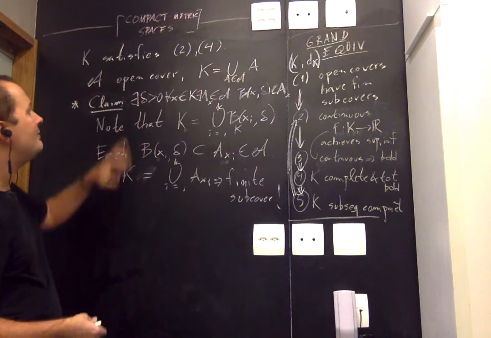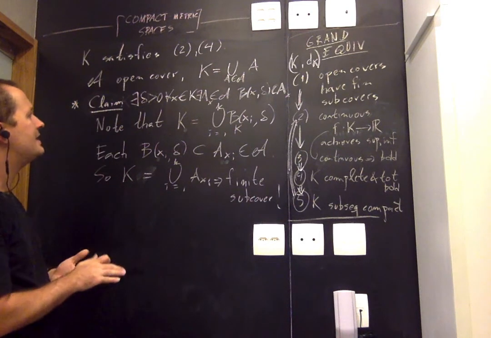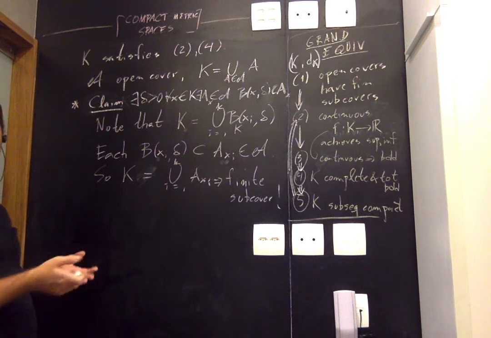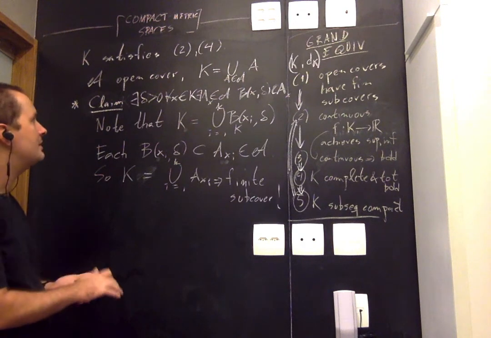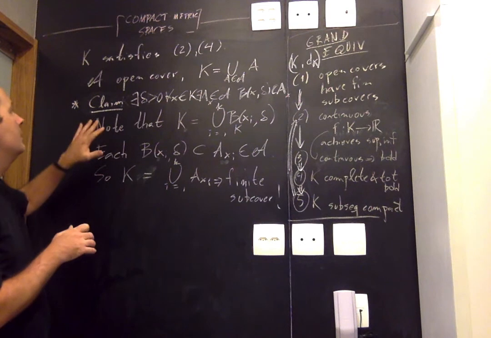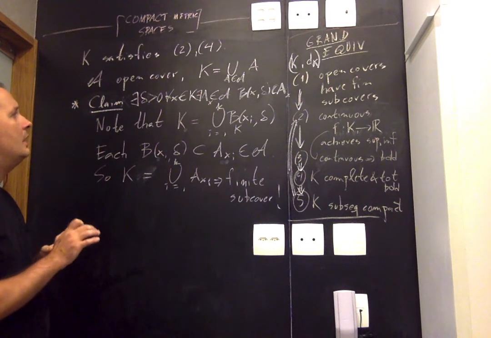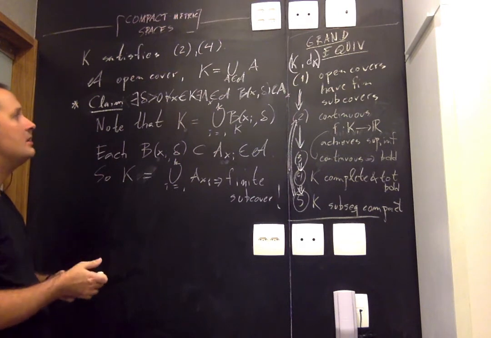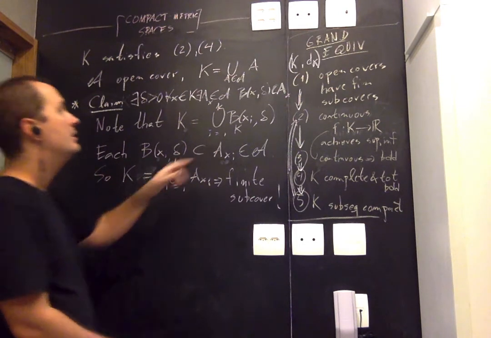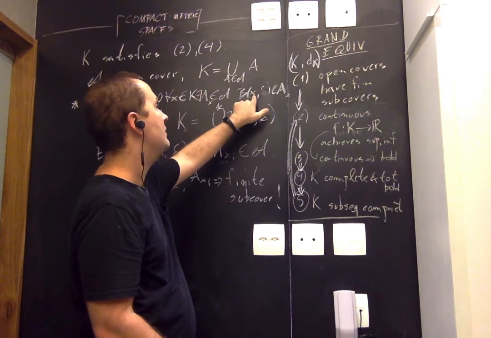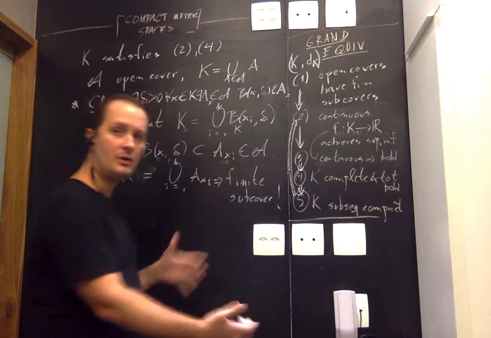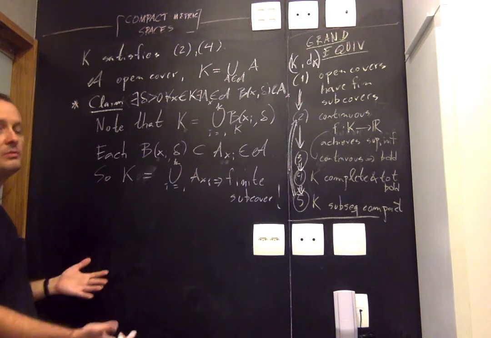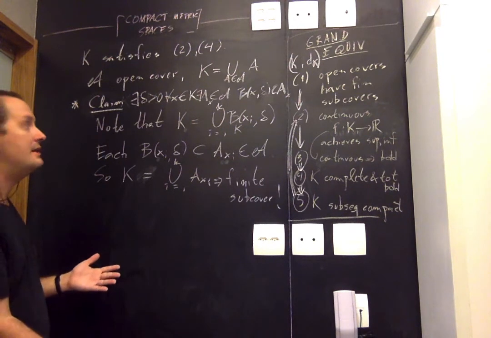This claim, though it looks kind of weird, is saying something that will make more sense as your proof progresses. I want to find for each x the largest radius so that I can guarantee that the ball around x of that radius is covered by a single set in my cover. And it turns out that this largest radius has a universal lower bound.